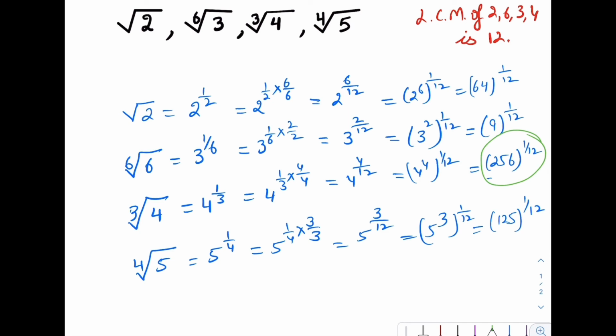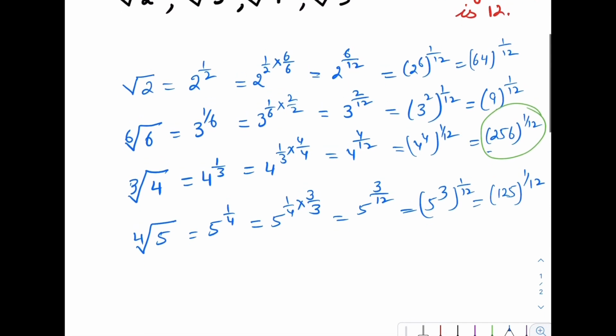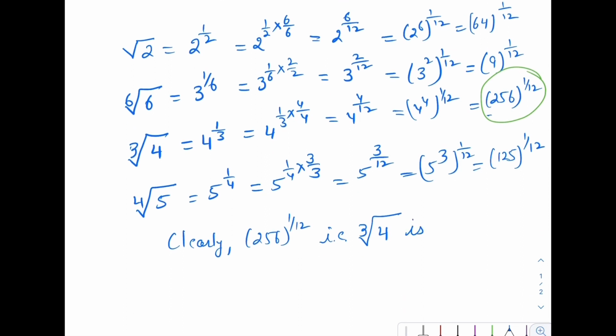Now clearly we can say that 256 power 1 by 12 is the greatest number, that is the cube root of 4. So the cube root of 4 is the greatest, and this is our answer.